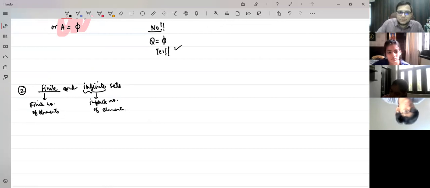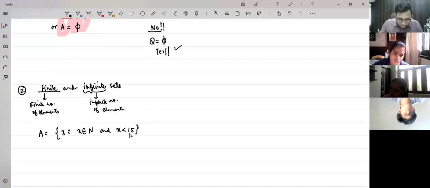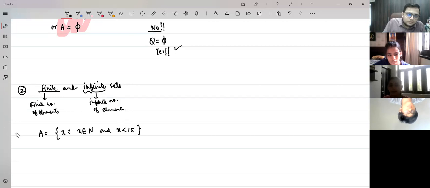Let's talk about an example of a finite set. If I say A is {x, where x belongs to natural number and x is less than 15}, finite or infinite? Finite, definitely finite, because I will be able to enumerate the number of data, that is 14. Data from 1 to 14 will come.